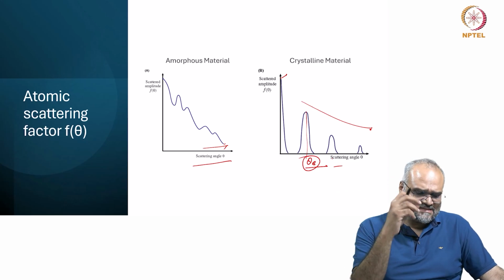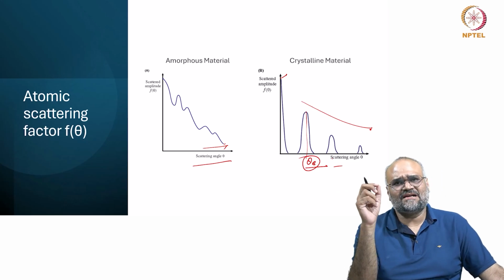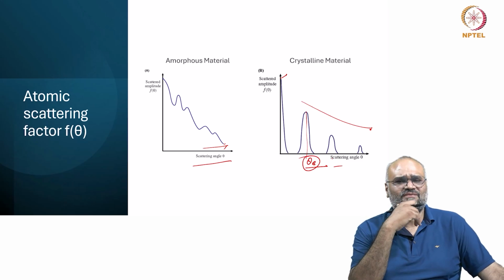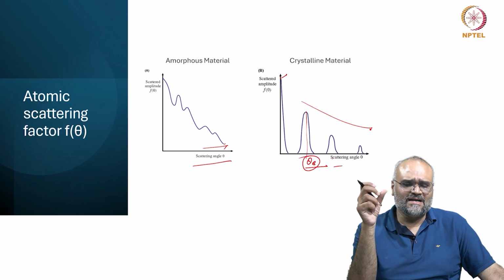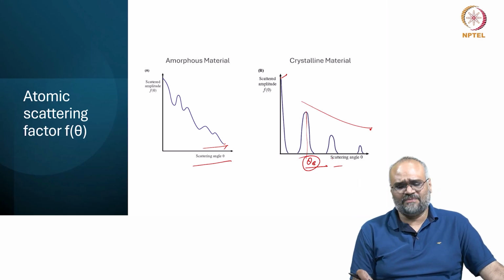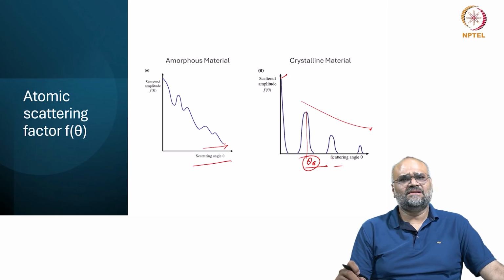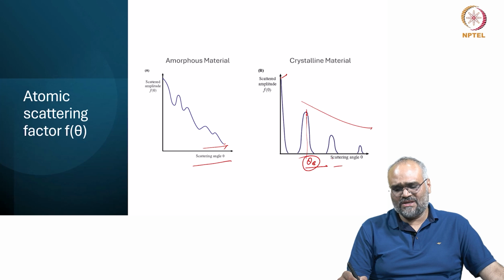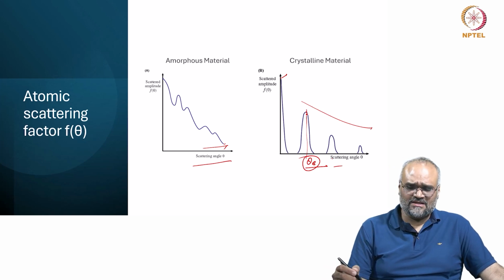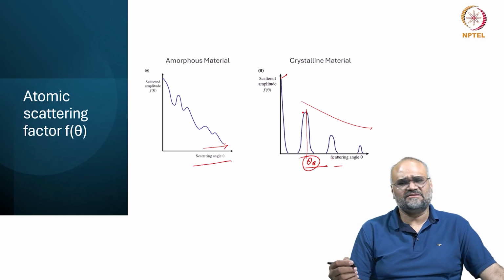From these ideas of which reflections would be present on a two-dimensional angular distribution of intensity, if we can use some geometric relation to identify physically, when I measure these distances on a diffraction pattern, and if I can relate it through some mathematical relation, I can start making sense of which plane is satisfying this particular reflection or this particular condition where my spot appears, and I can start indexing a diffraction pattern.